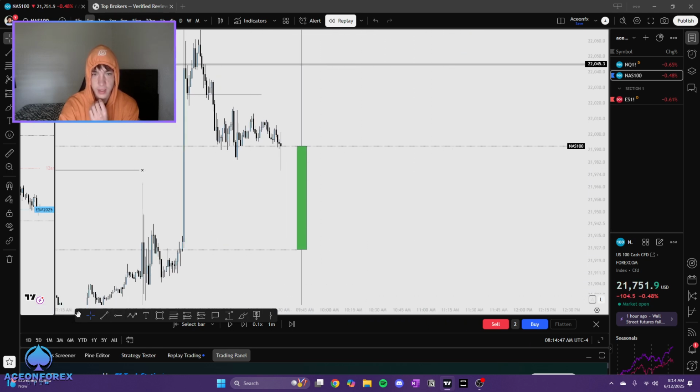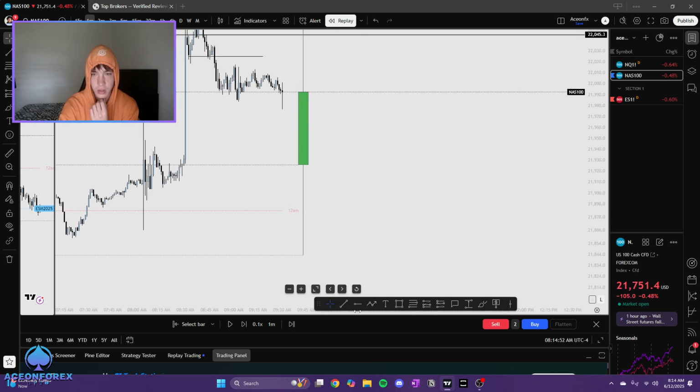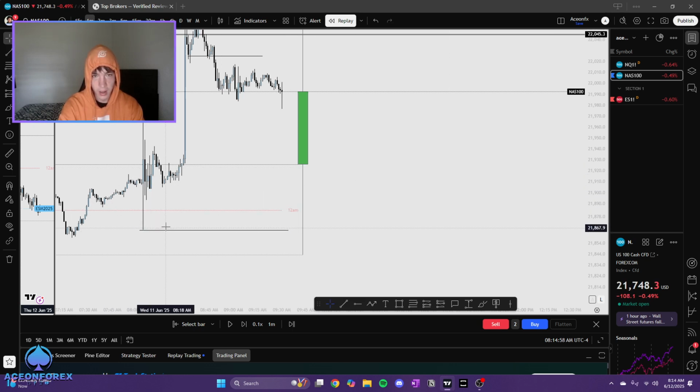So now at 9:30, we are potentially bearish. We're looking for shorts on the 9:30 open, aiming for this wick right here, either 50% or the whole wick fill.